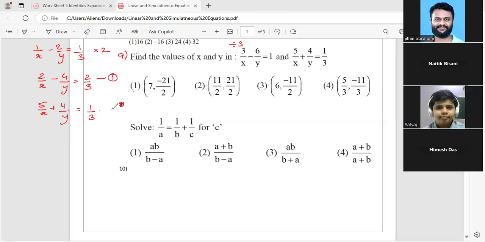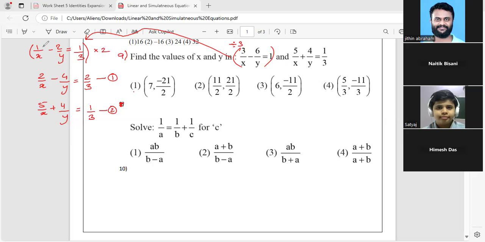I'll explain the transition from this equation to this equation. I have 3 upon x minus 6 upon y is equal to 1. I divided the whole equation by 3, and that gave me another equation like this. Now I'm going to multiply it by 2.